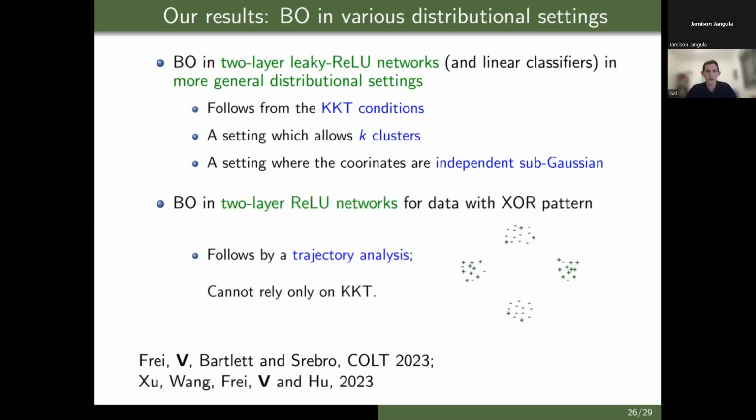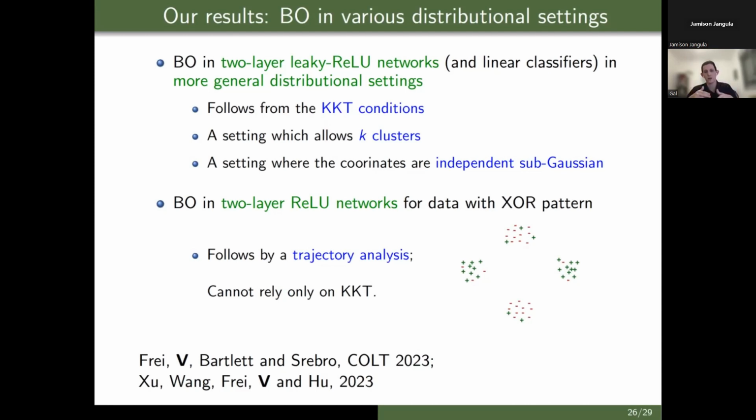Another recent result in a recent paper is that benign overfitting occurs in two-layer ReLU networks if the data has an XOR pattern, which means that we have two opposite clusters with positive labels and two opposite clusters with negative labels. So we showed that also for this data distribution, we get benign overfitting.